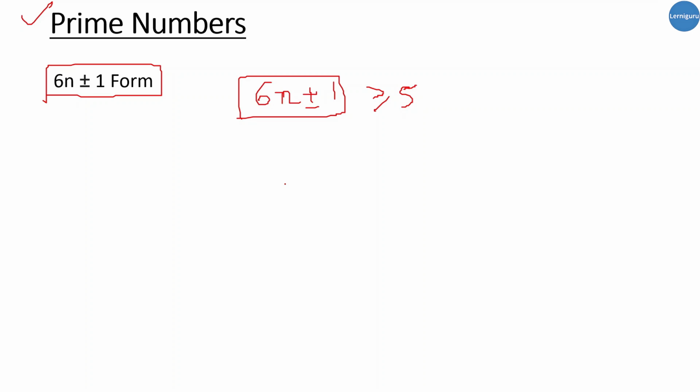What I am going to say, let's see there is a number, let's say 25. 25 also can be represented in this form, but 25 is not a prime number.